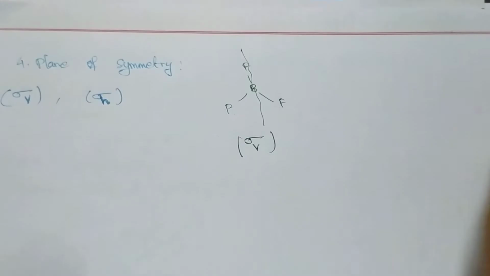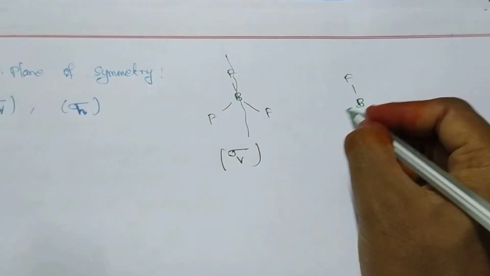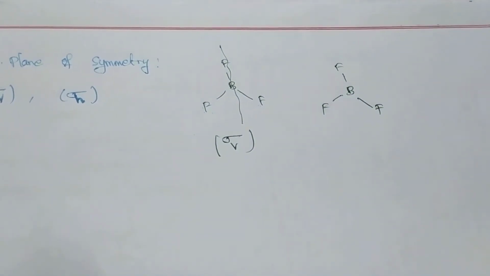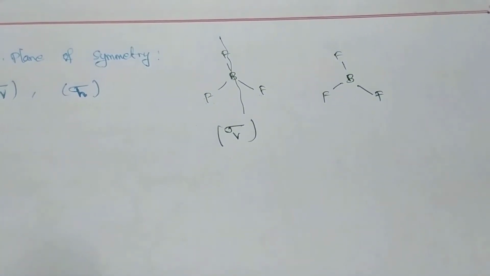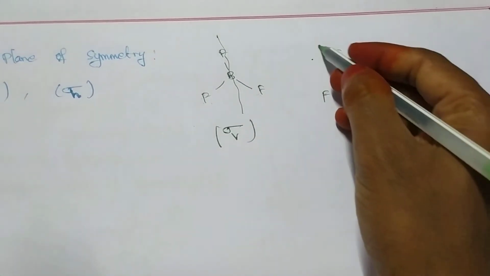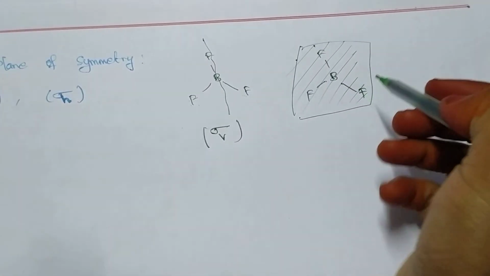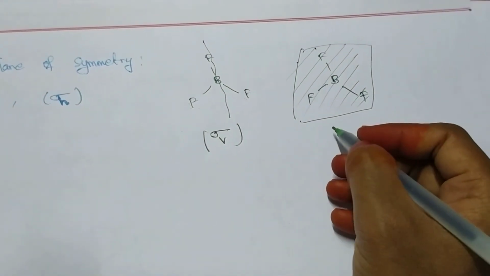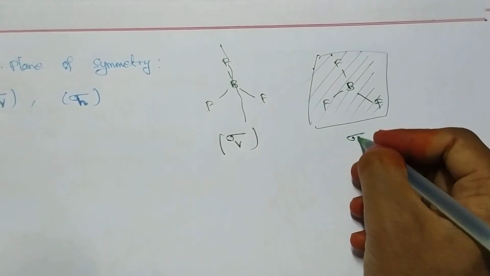Then we take the same molecule. This is the plane of paper. Horizontal means this is the plane of paper. We cut in the plane of paper, so there is a plane of symmetry, that is sigma h.